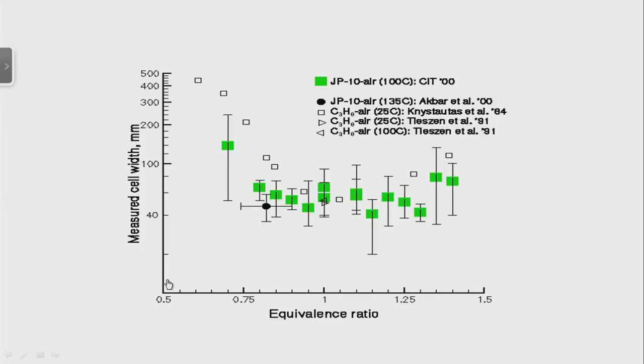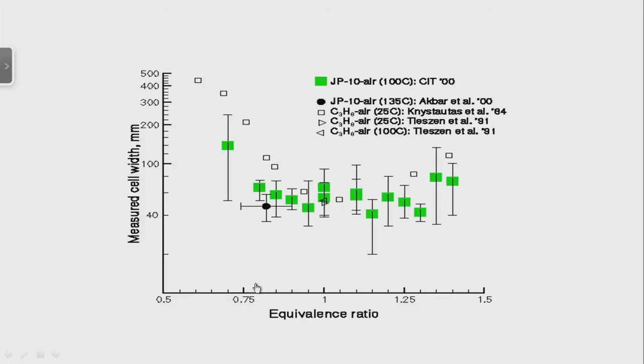But if I take a hydrogen-air mixture, the cell size could be a few centimeters, and acetylene could be a few millimeters. Therefore, depending on the type of the gas mixture, the measured cell width keeps changing.